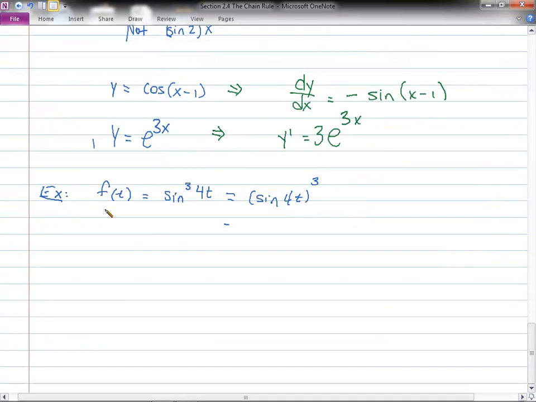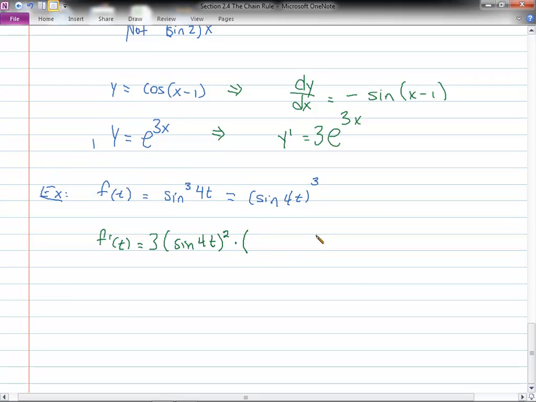So you've got a function inside a function inside of a function. All right, so if you do the outside one, you get 3 times, leave the inside alone, and then square it. Now the next outermost function was the sine, so you're going to multiply times the derivative of the sine of 4t.